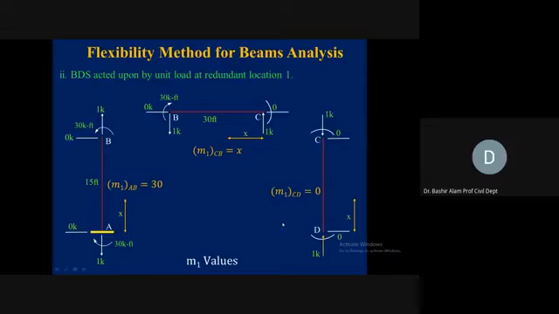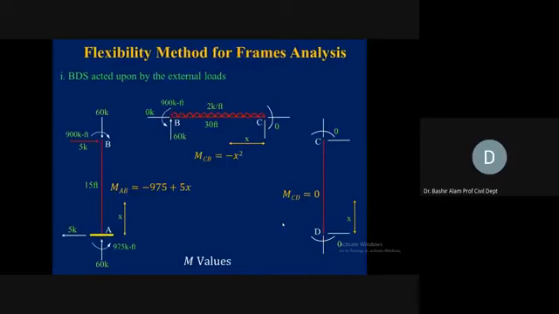Quickly write these values; take out your pens. MAB is equal to 5x minus 75, and the origin is A, so that when we get to the table you understand how we fill it out. For BC, C is the origin and MCB, the moment equation, is minus x square.